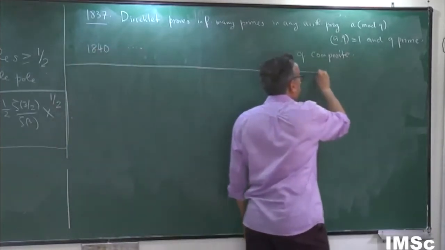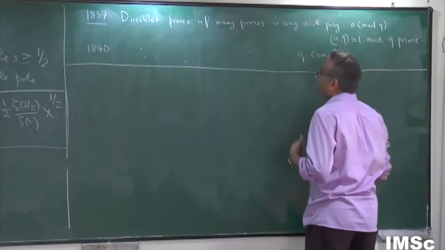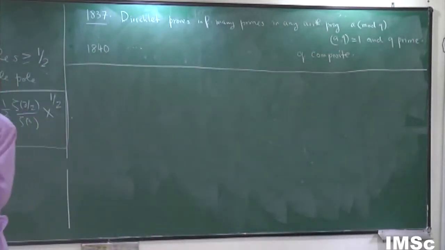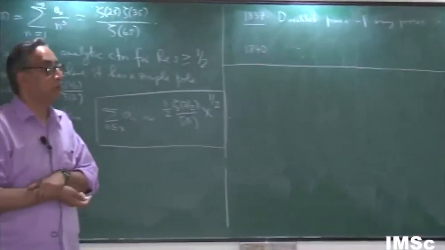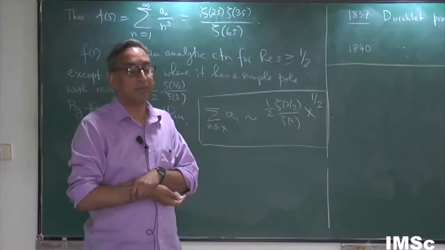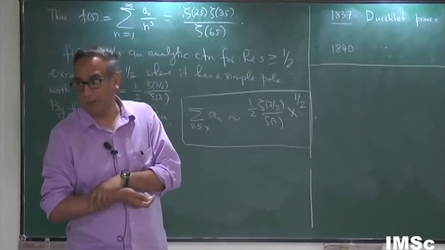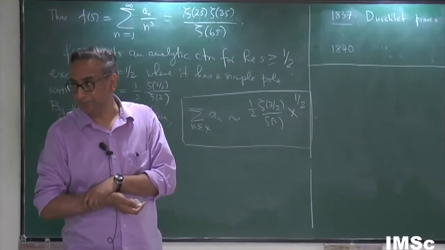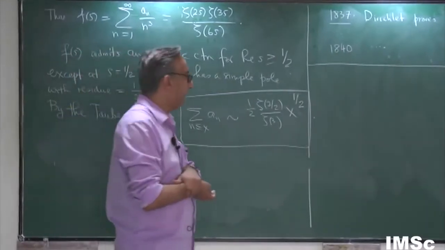In order to do that, in order to deduce Dirichlet's theorem at one go, we need a little bit of a crash course on what is now called character theory, at least for abelian groups.